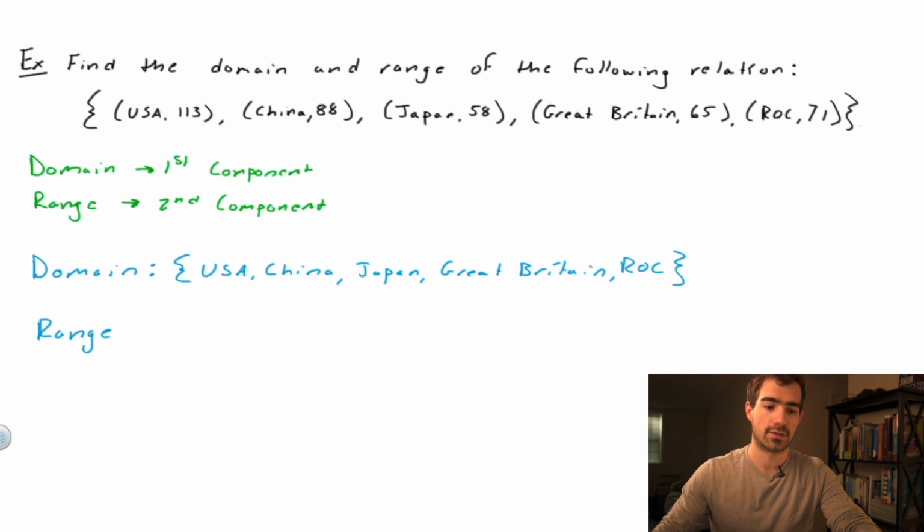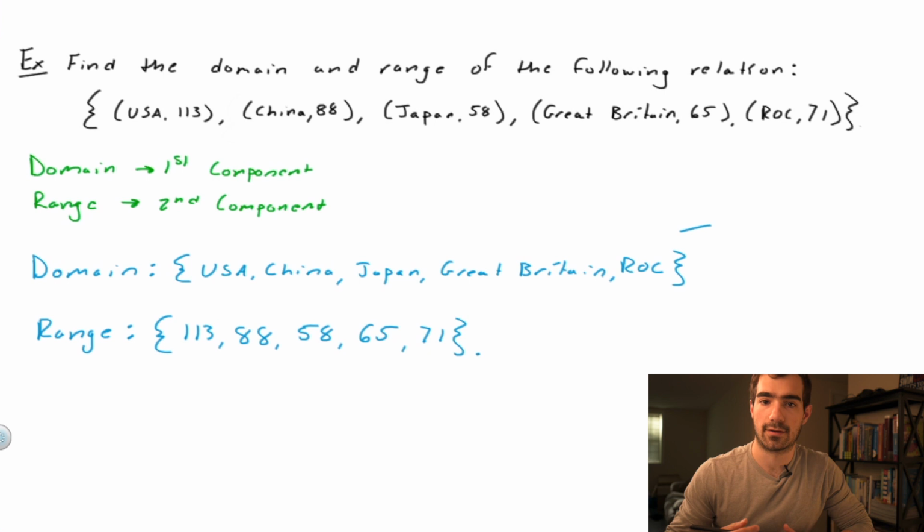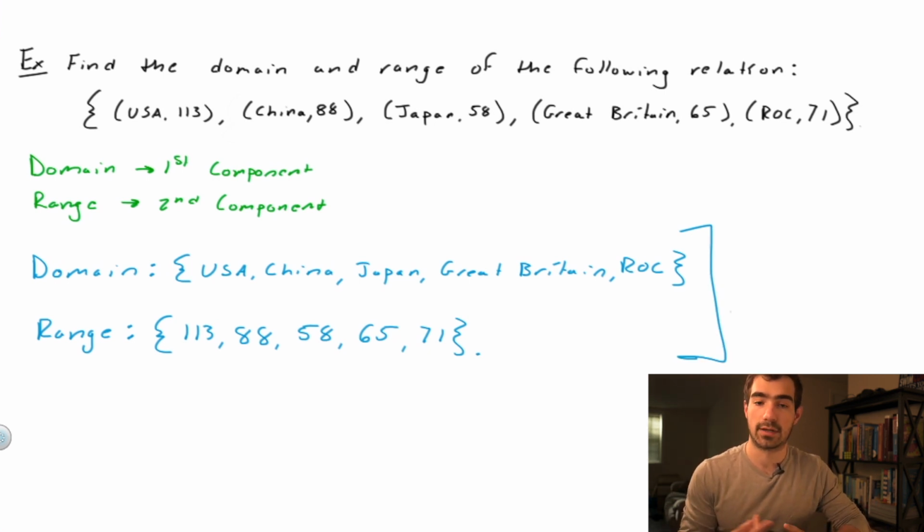The range is the set of 113, 88, 58, 65, and 71. Right, and these here would represent our final answer then. The set that's the domain, USA, China, Japan, Great Britain, and ROC, and the set that's the range, 113, 88, 58, 65, and 71.